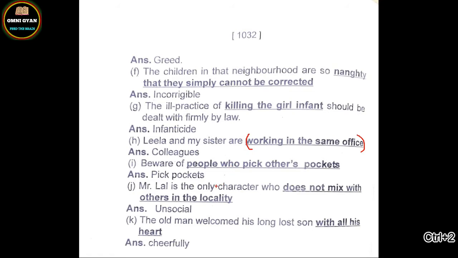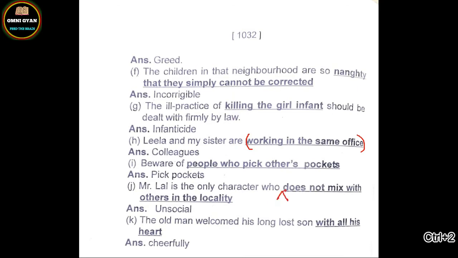Mr. Lal is the only character who does not mix with others in the locality. Somebody who does not mix with people is known as unsocial, or introvert. Sometimes they have attitude problems, so they do not mix with people in their own locality also. So Mr. Lal is the only character who is unsocial.